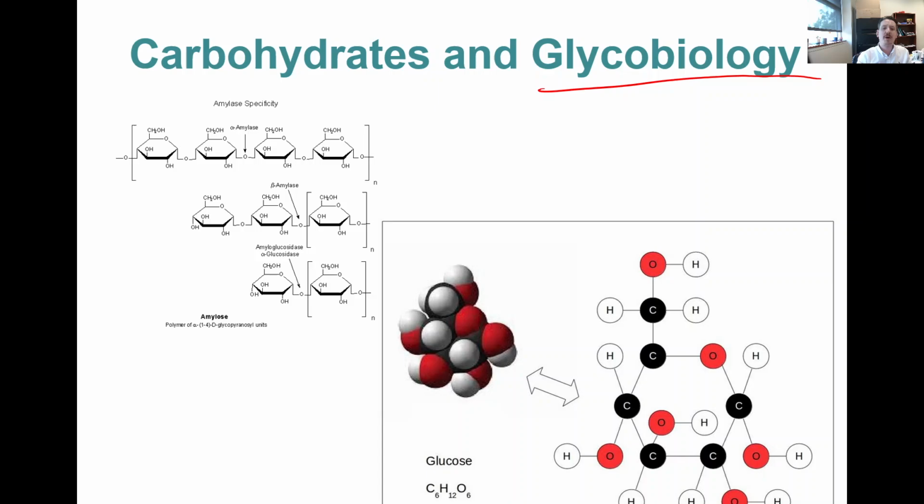Or similarly for my Biochemistry 2 students, where the carbohydrates are going to, again, feed into glycolysis. But this is really just some of the basic chemistry of carbohydrates, just to prepare that target audience in particular.